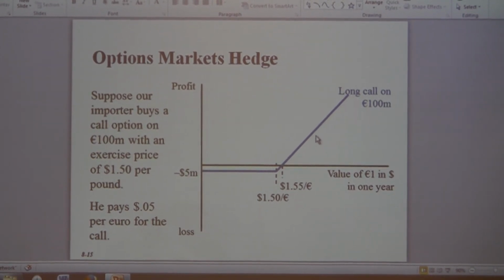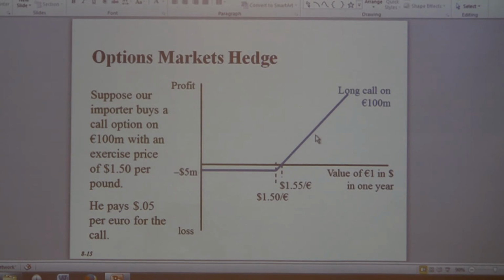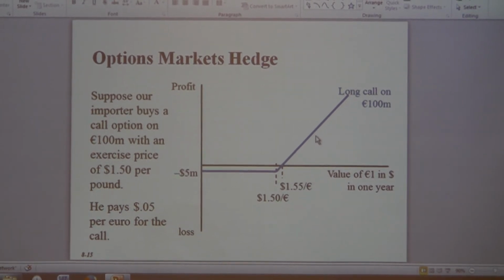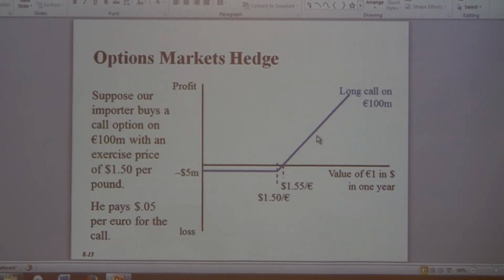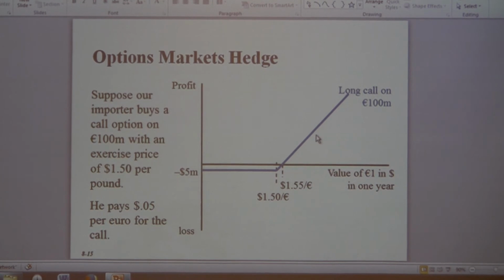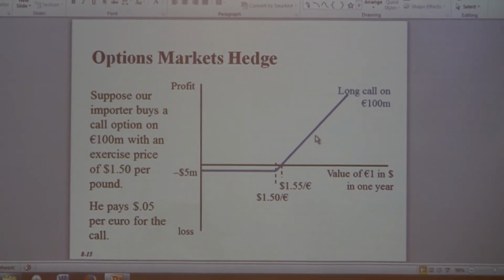This is time t equals 0, and this is time t equals 1. Okay, so this is the spot price here, this is the forward price, and this is the spot price at time t equals 1, and this is the forward price at time t equals 1. Okay, so these are the prices.